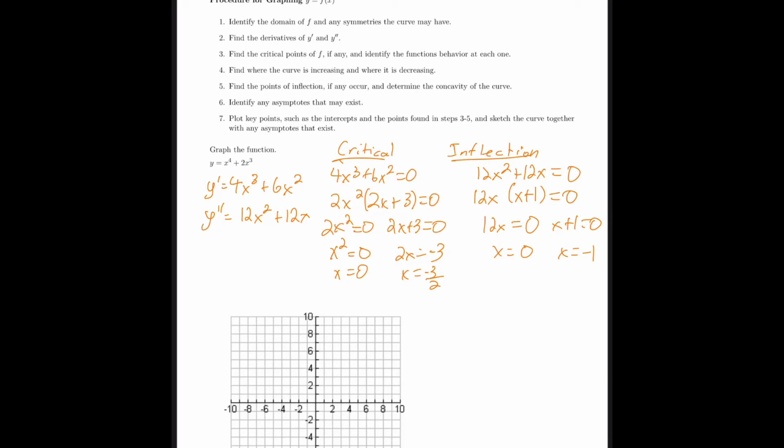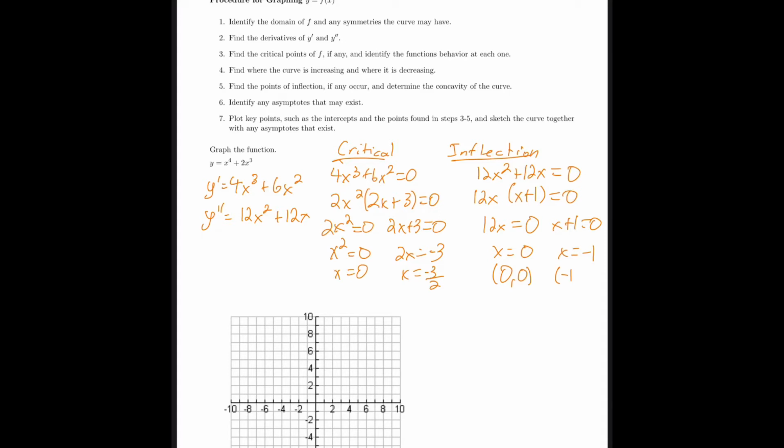Because the second derivative needs to be positive or negative to have a maximum or minimum there. So we know that we're only going to have a maximum or a minimum at this other value, negative 3 halves. So let's go ahead and work out which one of these are which.